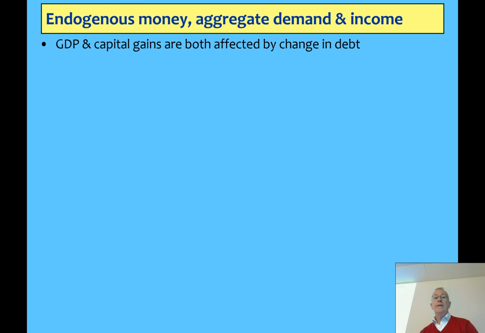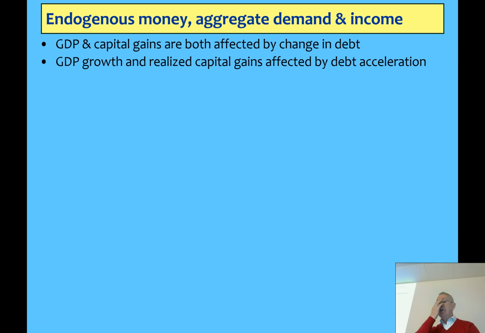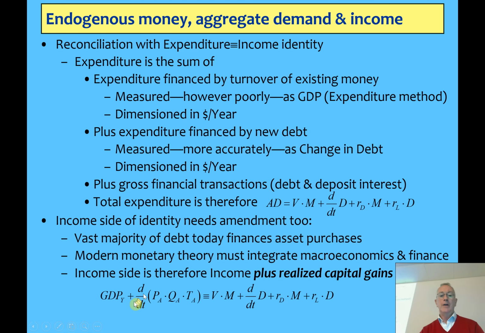Now, what that means is that both GDP and capital gains are affected by the change in debt. And then if you take the differential of the relationship I've got there, let's go one up again, I've got GDP plus change in asset prices being related to velocity of money plus change in debt.